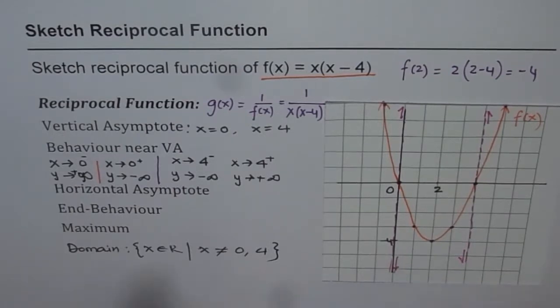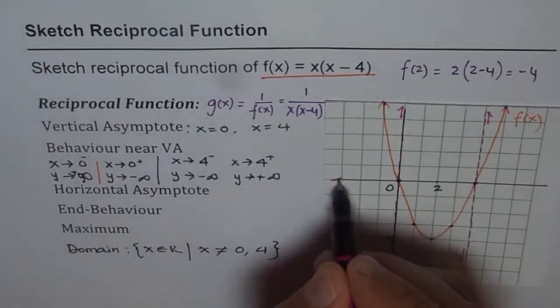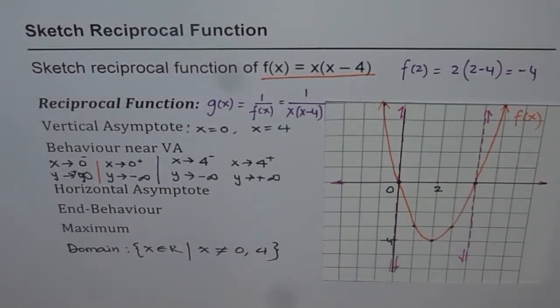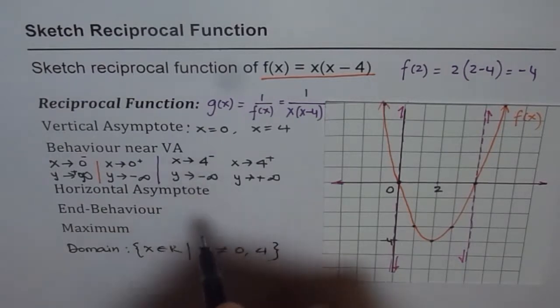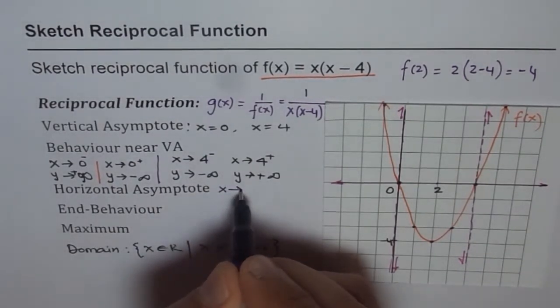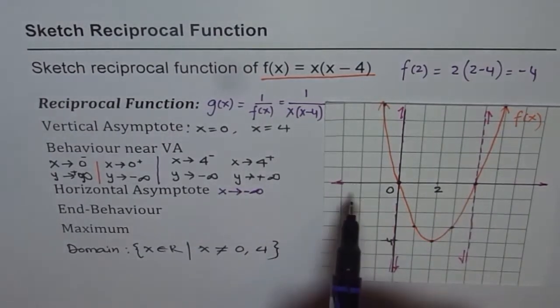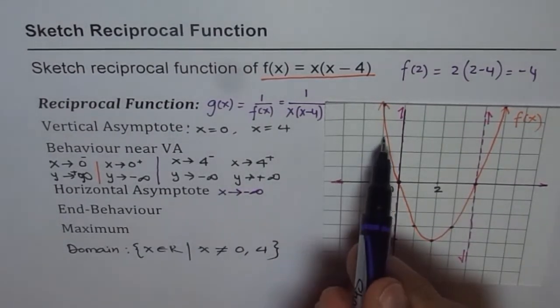Okay, now let's look into the horizontal asymptote. Horizontal asymptote is when the function is approaching infinity, plus or minus, right? Let's consider what happens when x approaches negative infinity. If x approaches negative infinity, y is positive.